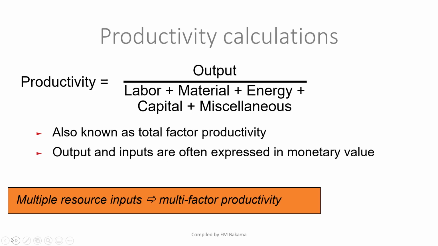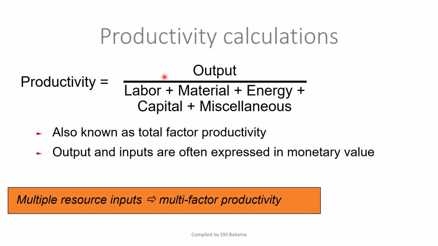So with this formula, we are mostly referring to the input that is down here. Remember, the main formula is output over input. In this case, the inputs are mixed. Everything that is input can be the labor, the material, the energy, even the capital. By miscellaneous, we mean any other activity or any other item that has been used in the production.